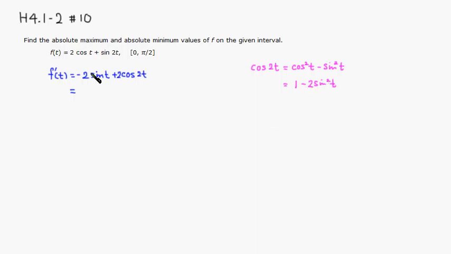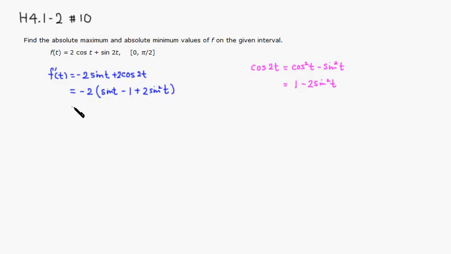So what you get is, I'm going to pull out negative 2 from here. So this would be sine of t, and negative 2 times a negative cosine would be minus 1 plus 2 sine squared of t.